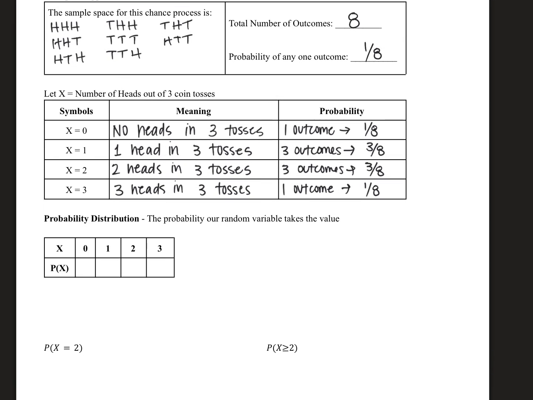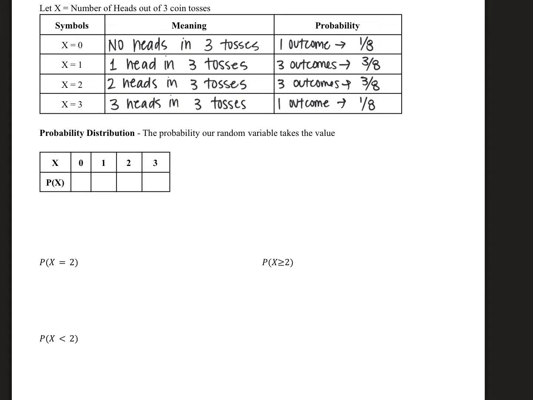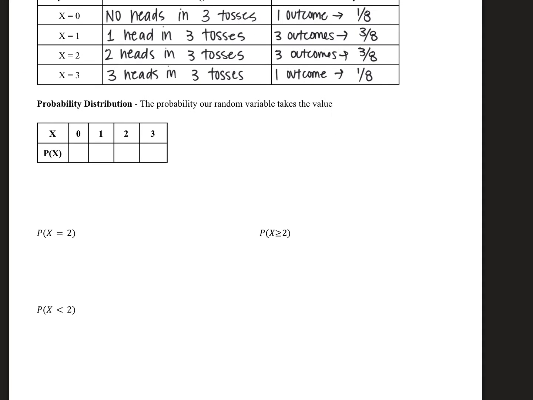Okay, so probability distribution is the probability our random variable takes that value. So when we fill out our table, 1/8, 3/8, 3/8, 1/8. That's just taking what we had above and putting it into the table.